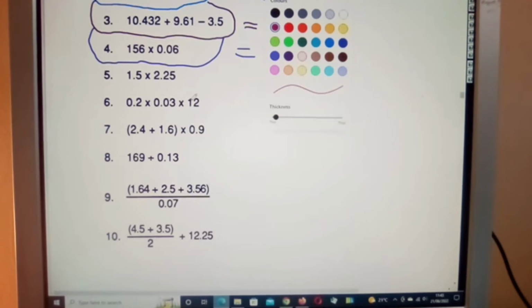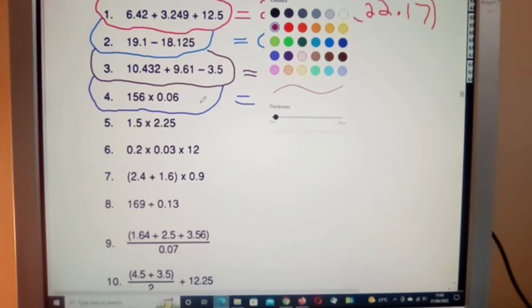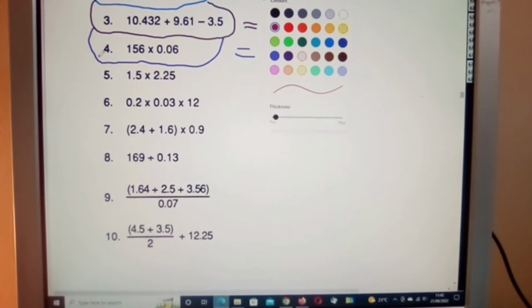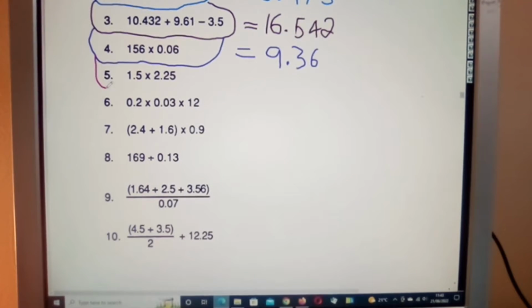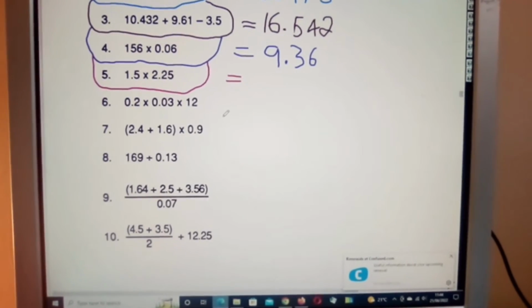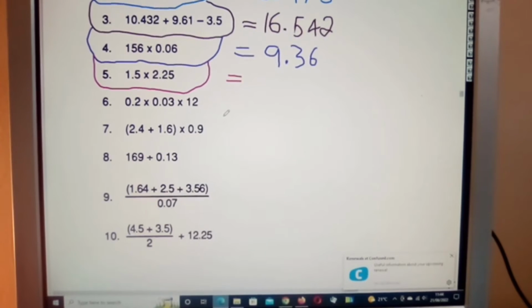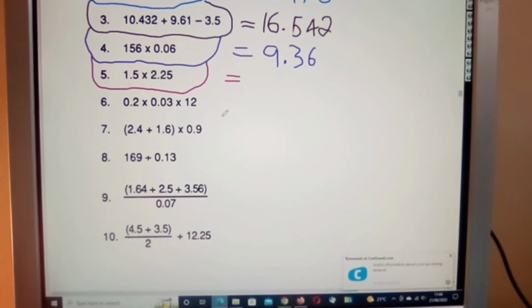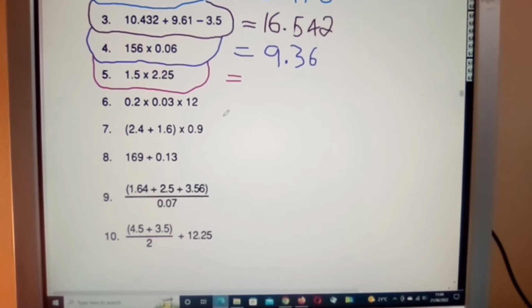That's going to equal 1.5 multiplied by 2.25.